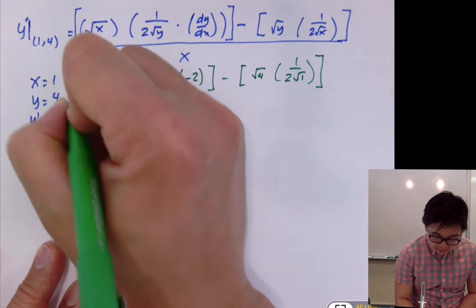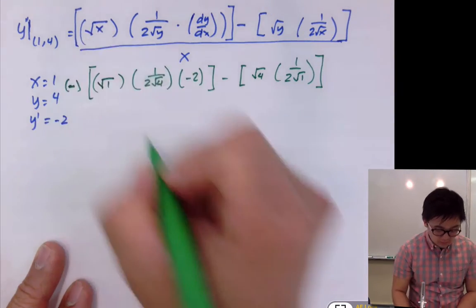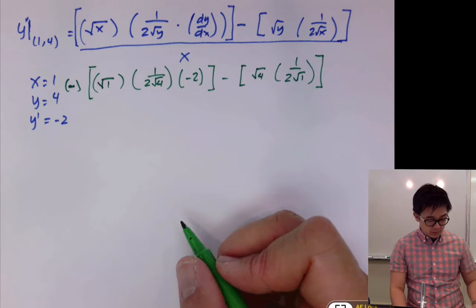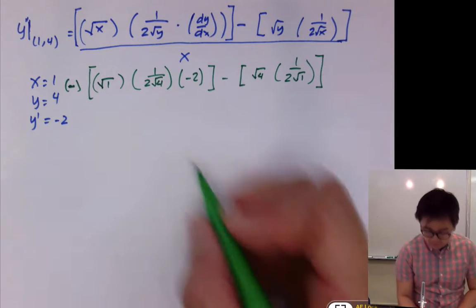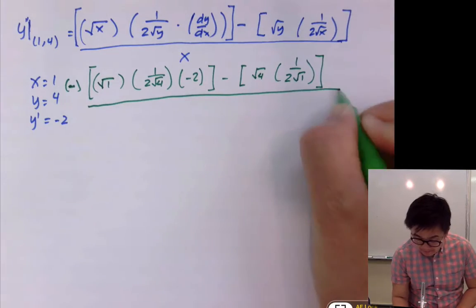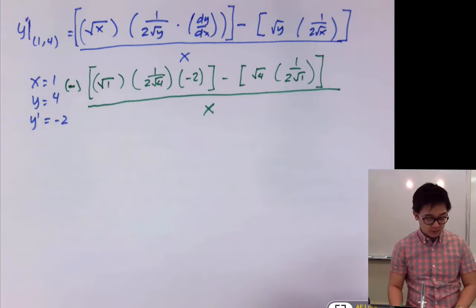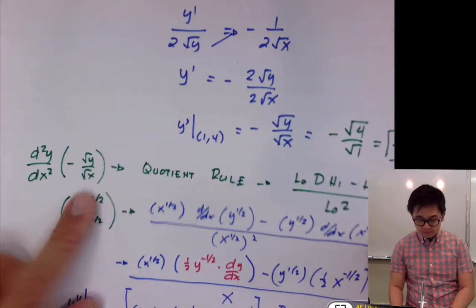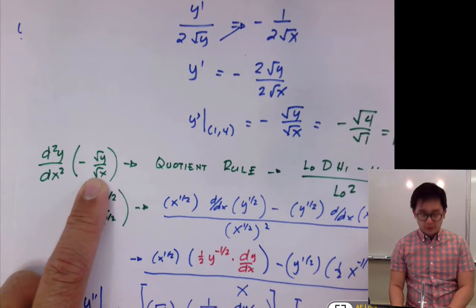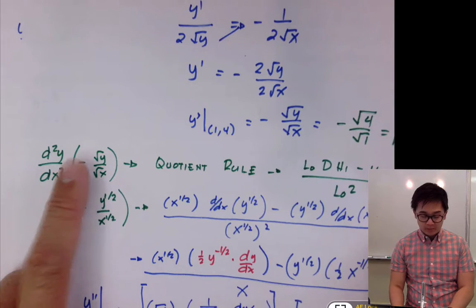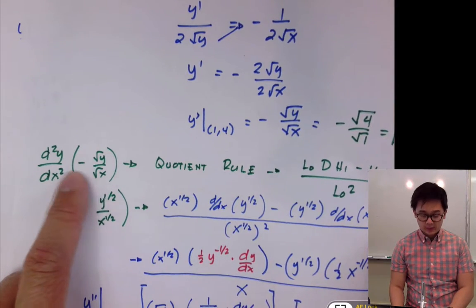And don't forget that this is all negative because our derivative function is negative, all over x. And we're going to use this again later on because from our derivative function we know that the first derivative was a negative fraction.